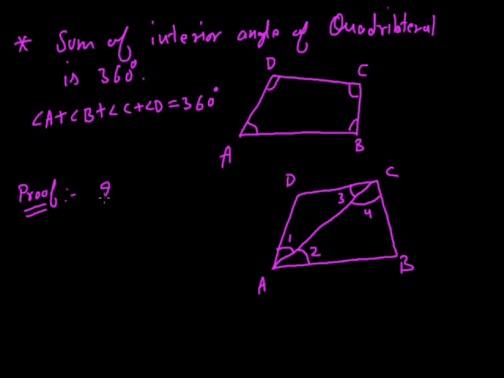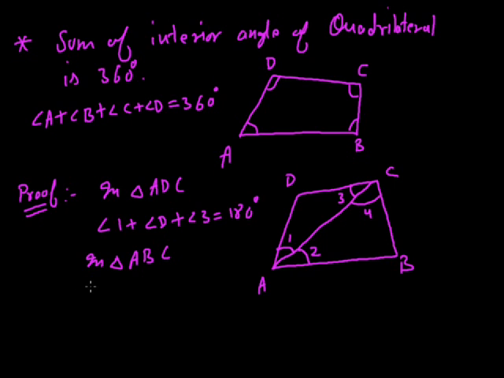Now, in triangle ADC, we know the angle sum property of a triangle, that is, the sum of the interior angles of a triangle is 180 degrees. So angle 1 plus angle D plus angle 3 equals 180 degrees. In the same way, in triangle ABC, we again apply the angle sum property: angle 2 plus angle B plus angle 4 equals 180 degrees.